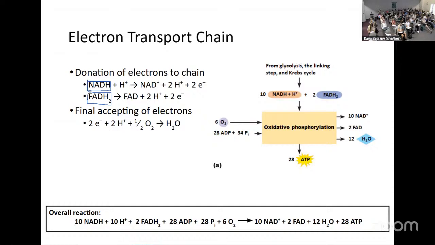But the big thing the Krebs cycle was doing for us was reducing a lot of these electron carriers, giving us lots of NADH plus FADH2, less common, but still an electron carrier. And now as we pass those electrons into the chain, we're reversing it. So we're going back to our precursor molecules, our oxidized forms, NAD plus and FAD, peeling off those hydrogen ions and peeling off electrons.